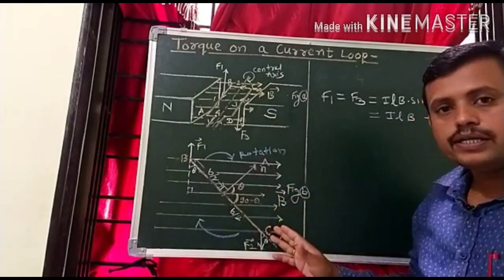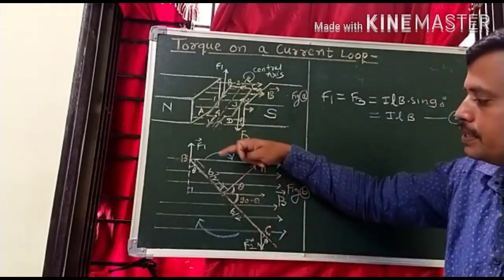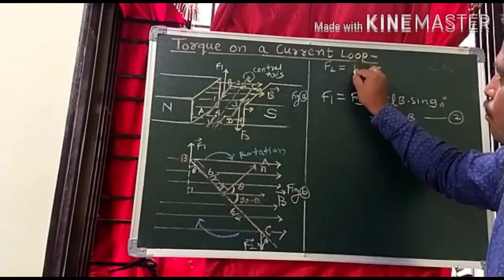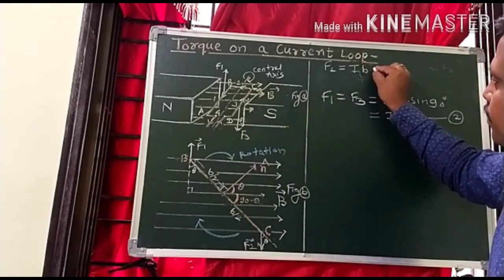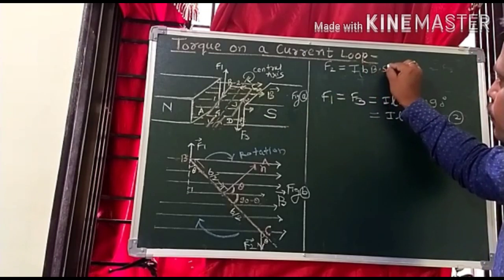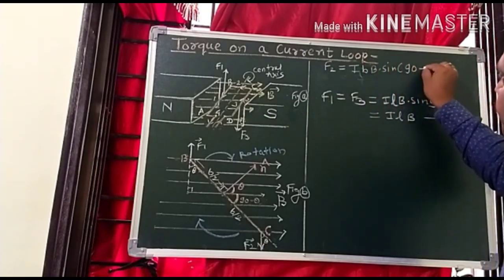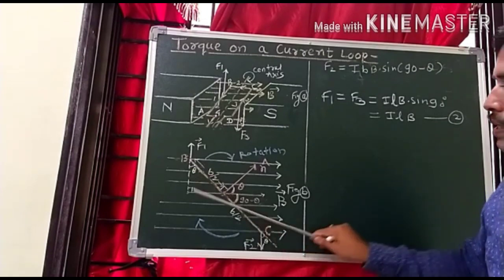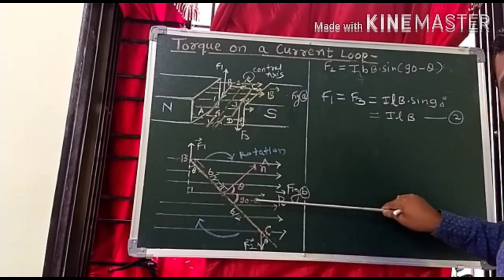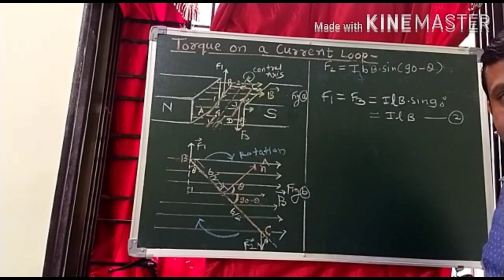In this situation, force acting on the side BC, F2, is equal to I, length of the side BC which is small b, multiplied by capital B into sine of 90 minus theta, since the angle between BC and the direction of magnetic field is 90 minus theta.